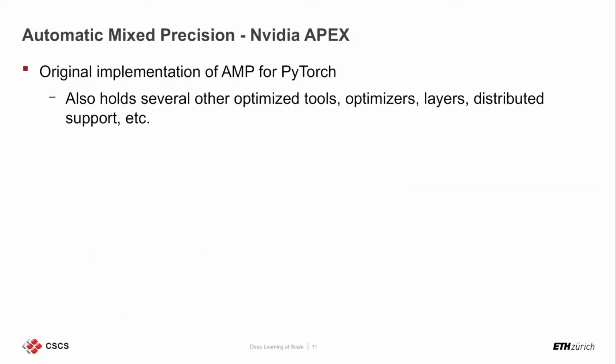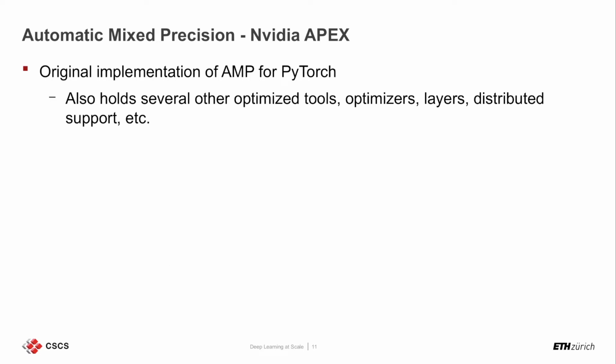So the first actual implementation of AMP for PyTorch was from this library called Apex from Nvidia. And it's not only about mixed precision, right? This library holds several optimizers, like fused layers, fused optimizers, like fused Adam, fused Lamb, and has some support for distributed training as well, and lots of helper tools.